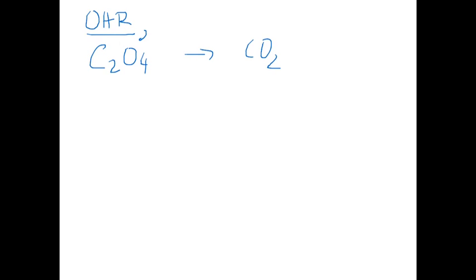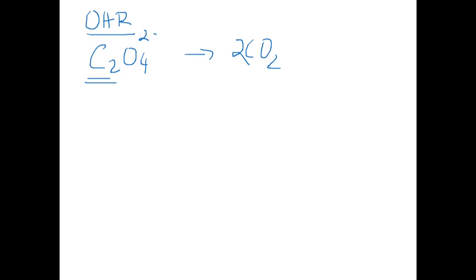Separating the 2 half reactions, we will write the oxidation half reaction. The oxidation half reaction involves oxalate ions changing to carbon dioxide. Now the element that is undergoing change in oxidation is carbon. If there are 2 carbons on the left, there should be 2 carbons on the right. Always balance those elements undergoing change in oxidation first.